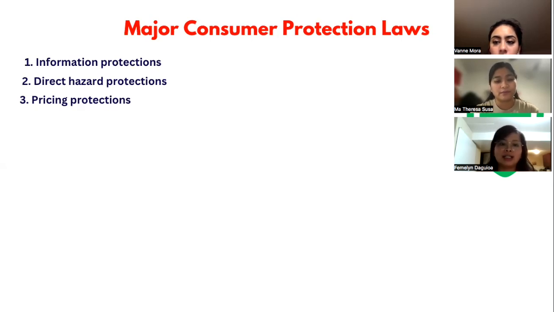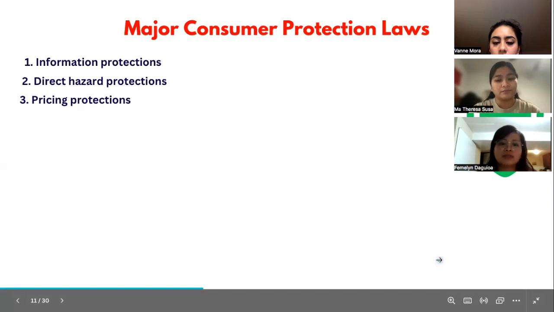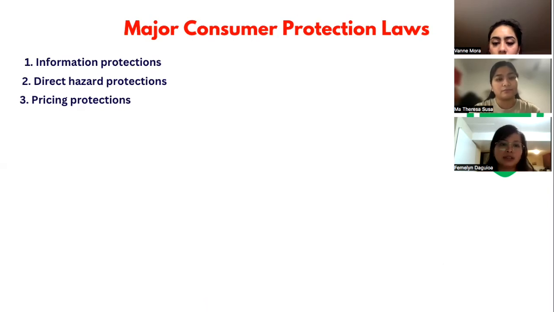So second is the direct hazard protection, wherein it bans dangerous products. Products that pose significant risk to consumers are banned from sales. So for example, toys with small parts that could be swallowed are also banned, as my teammate was saying a while ago.